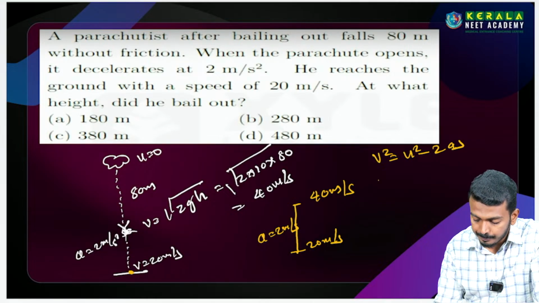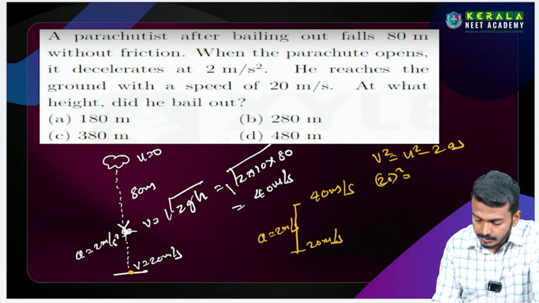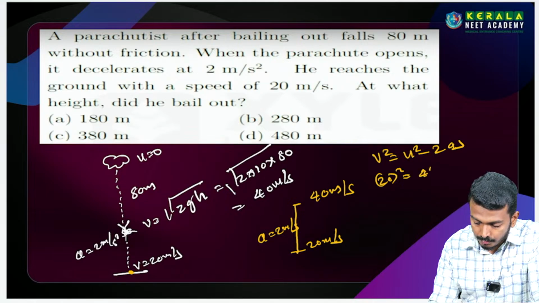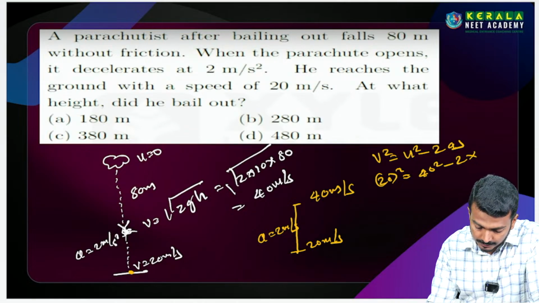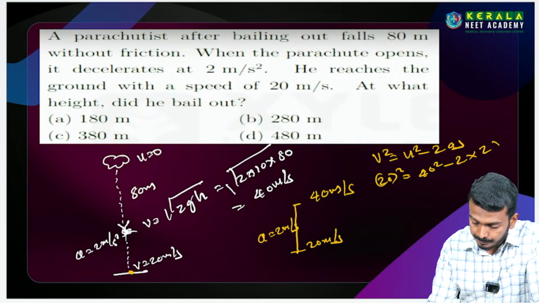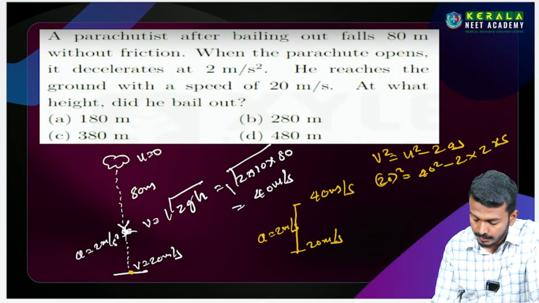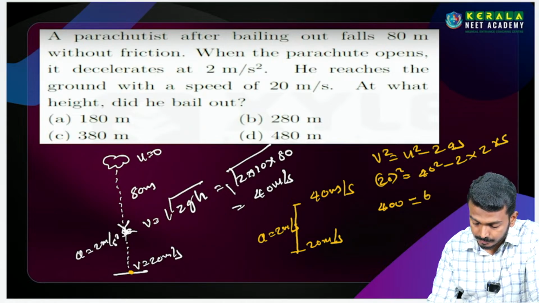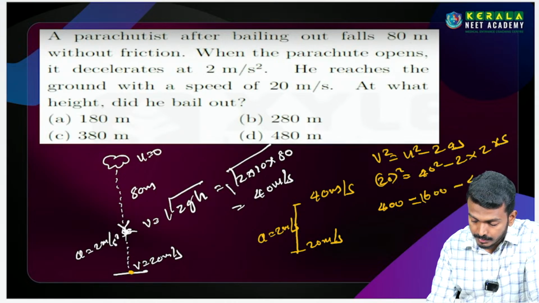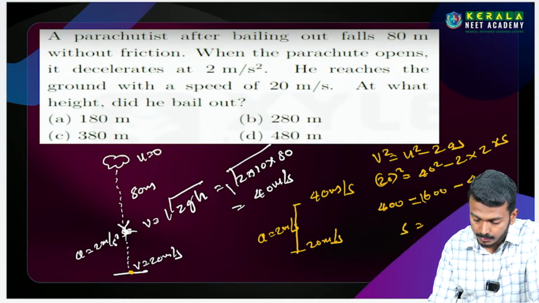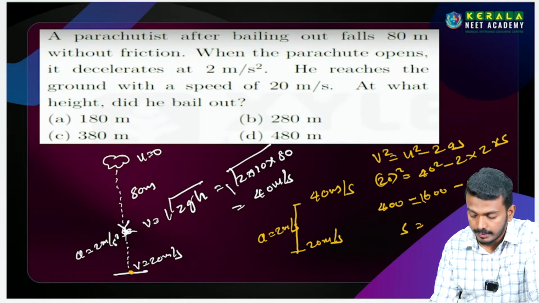The final velocity is 20, so 20 square is equal to the initial velocity 40 square minus 2 into the retardation value already given in the question, 2 meter per second square, into s. Solving this, 400 is equal to 1600 minus 4s, so s is equal to 300 meter.